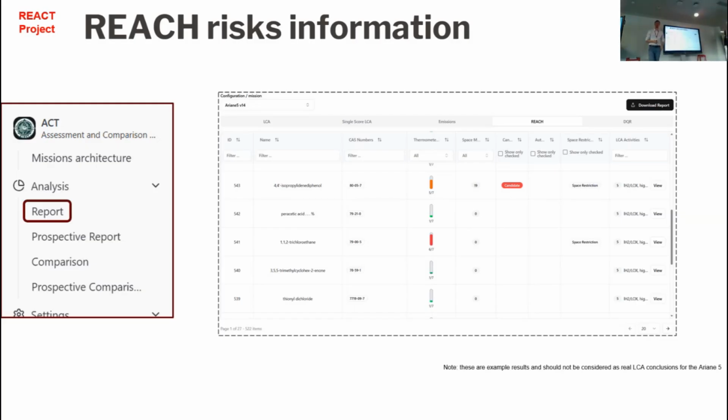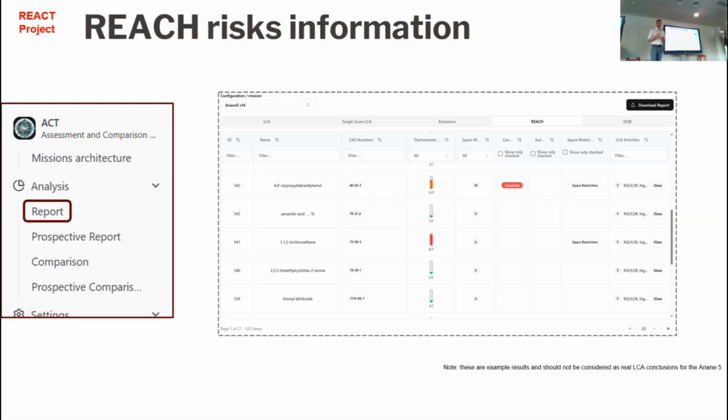Thank you, Jan. So we are almost at the break, half time. Just a few more slides about other features. Karin mentioned before the REACH compatibility. Once you have made your inventory of materials that are part of your model, almost for free, you can get some information about REACH risks.